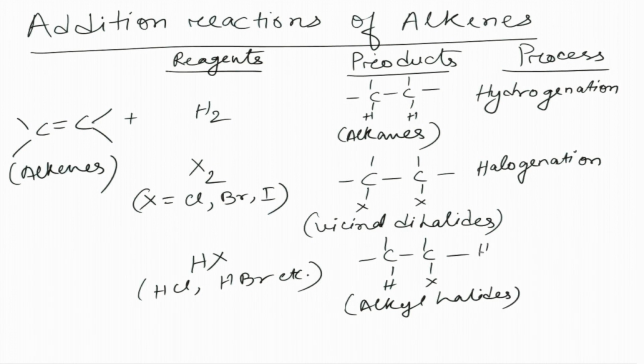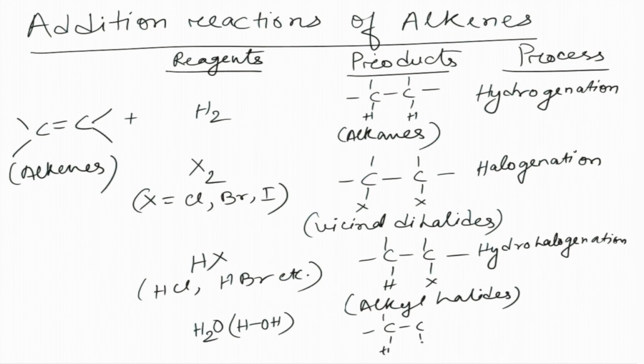This method is known as hydrohalogenation. And if alkenes add with water, that is HOH, right, then they form alcohols. This method is called hydration.